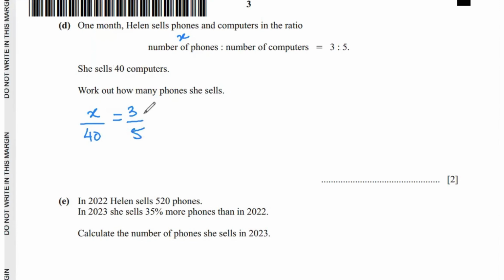Because basically, if we simplify the number of phones to number of computers she sold, that does give us the ratio. So they're the same. So X would be 3/5 times 40. And that gives us 3 times 8, which is 24. So she has sold 24 phones.